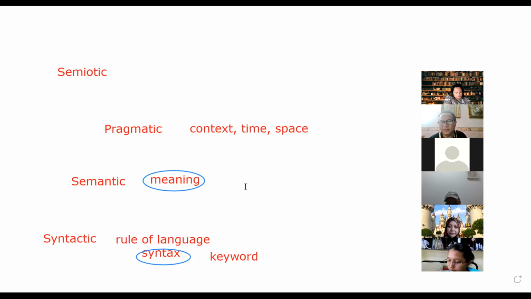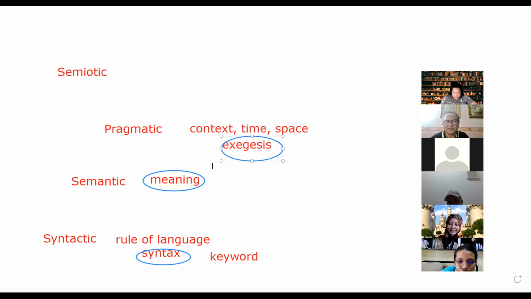For example, the same meaning put at a different time, at a different space, a different location, and a different context, has a different meaning. For us Muslims, we have exegesis. What is exegesis? Shalwani, what is exegesis? No idea, doctor.